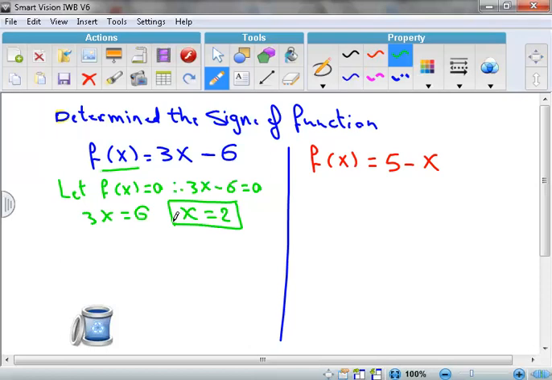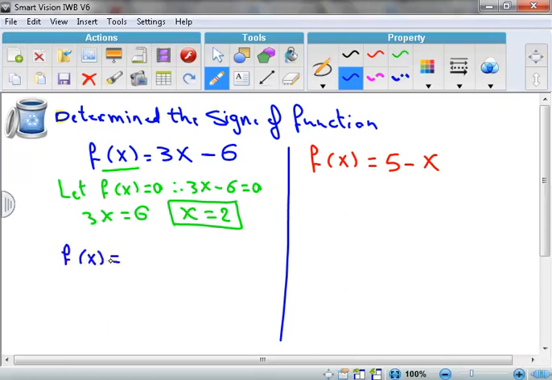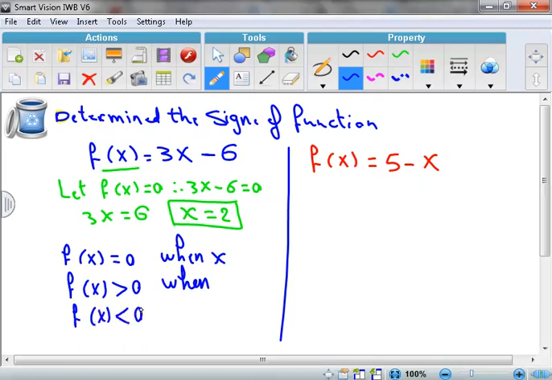Then we write 3 sentences. The first one: f of x equals 0 when. f of x greater than 0 when. f of x less than 0 when.